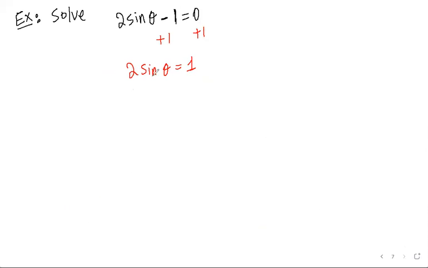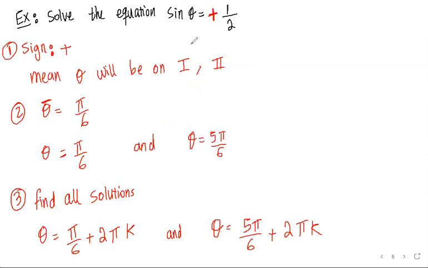Divide both sides by 2. I get sine theta equal 1/2. Now you go back to the previous example and use the same steps to find the value.